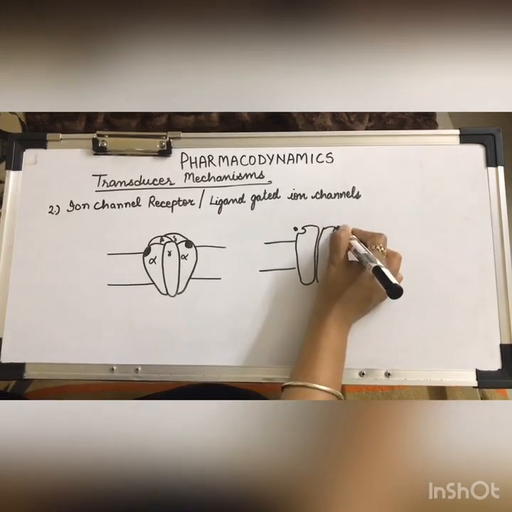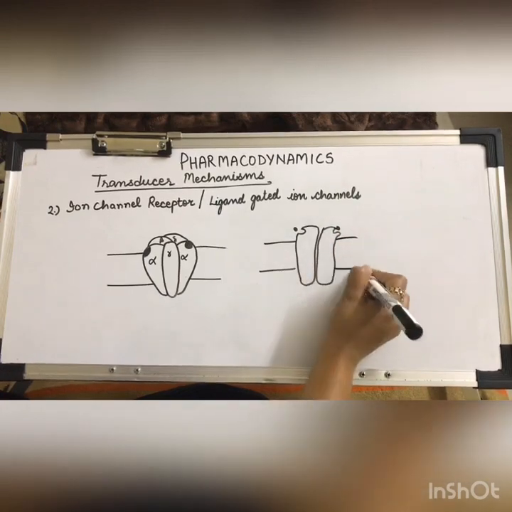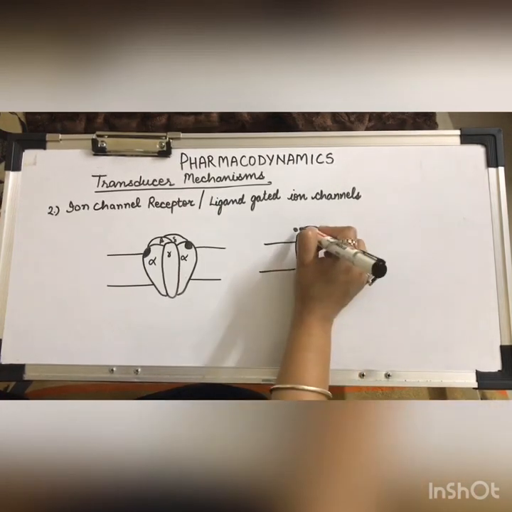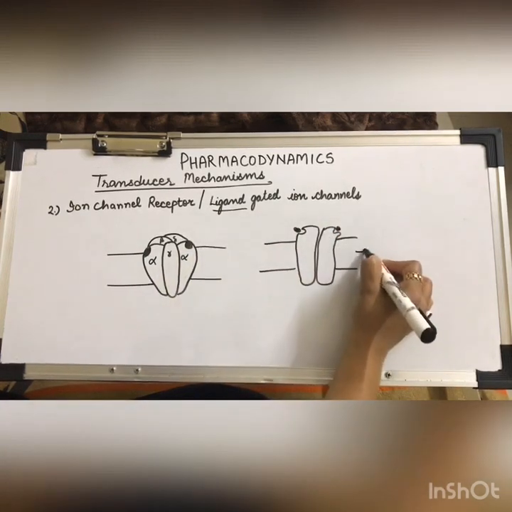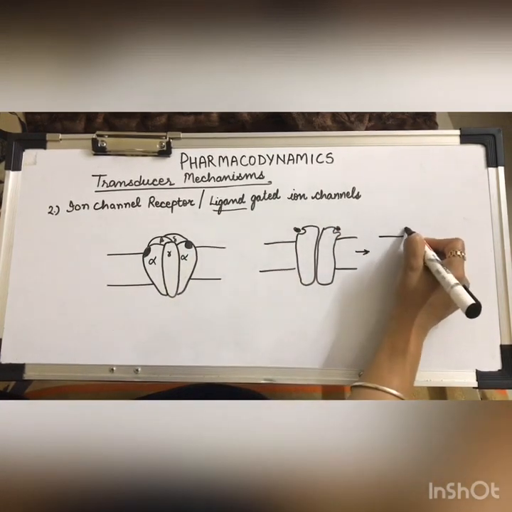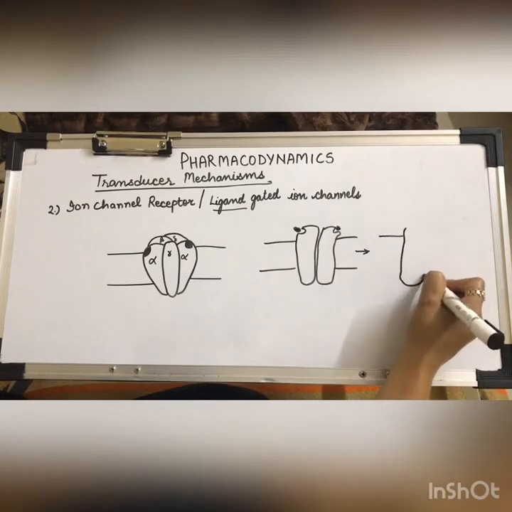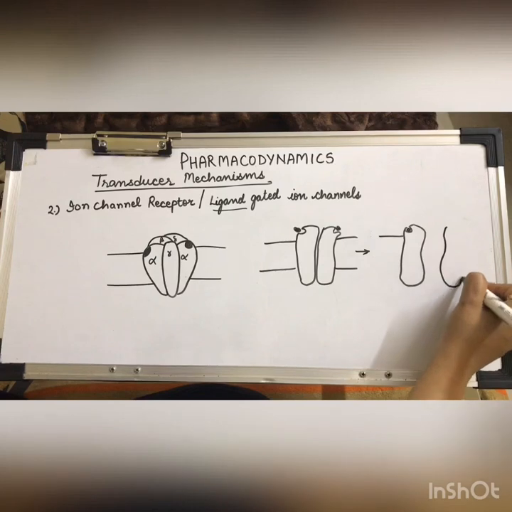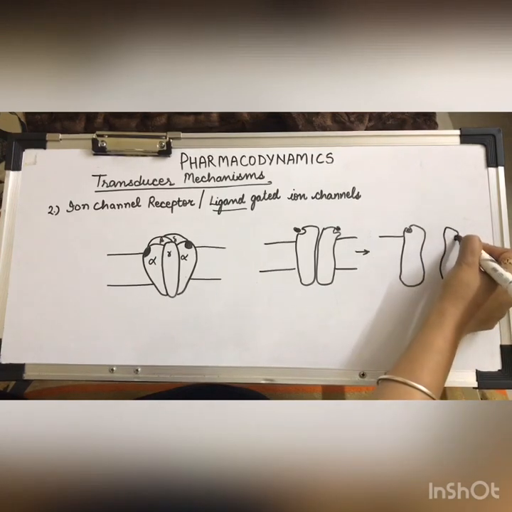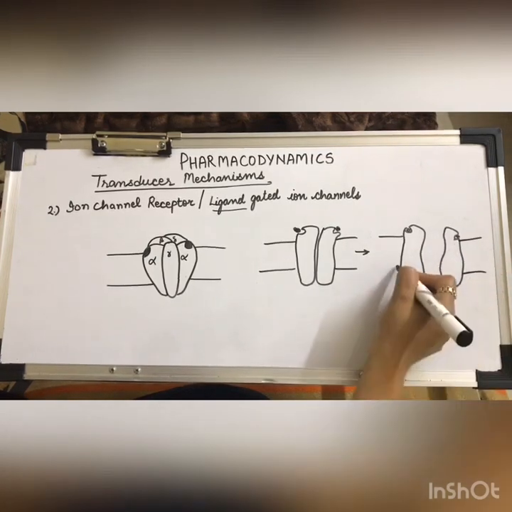And when it binds with the agonist, what happens? Agonist binding or ligand binding will lead to the opening of this ion channel. Now this ion channel opens and allows the passage of ions through it.